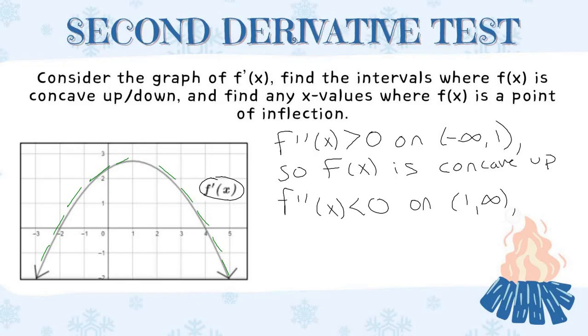Which means that f of x is concave down. That also tells us, if I switch concavity at x equals 1, then what is x equals 1? Yep, a point of inflection.